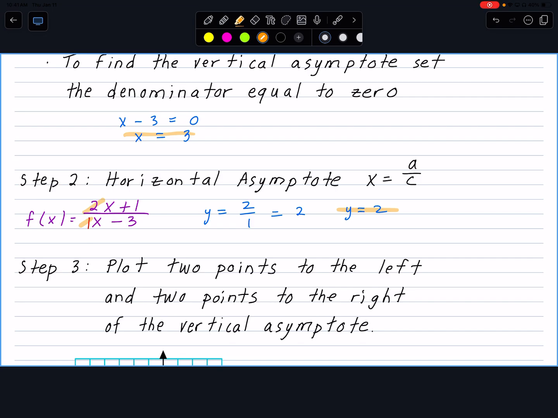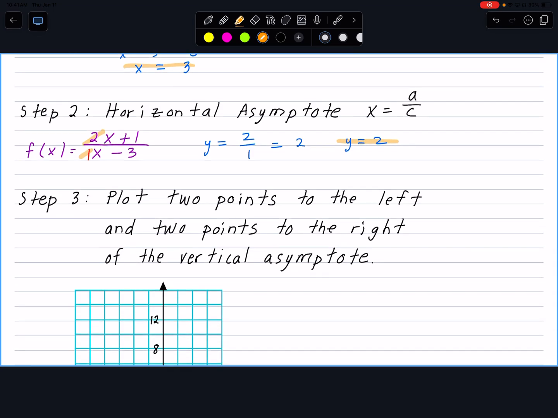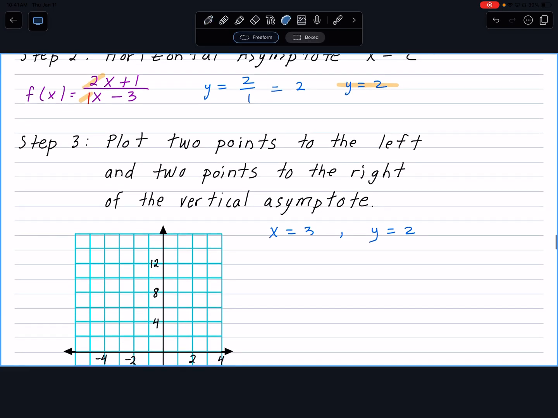Okay? So like before, the next thing we're going to do is graph our vertical and our horizontal asymptotes. So let's go and do that. I'm going to bring these down so that I don't lose anything here. Our vertical asymptote is x equals 3. Our horizontal asymptote is y equals 2. And I'm going to bring the function down just for reference.